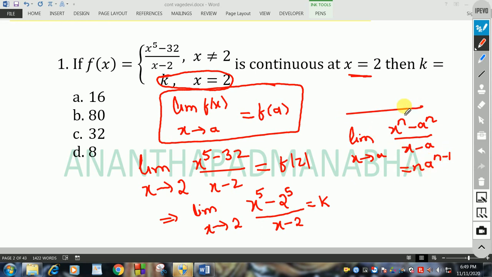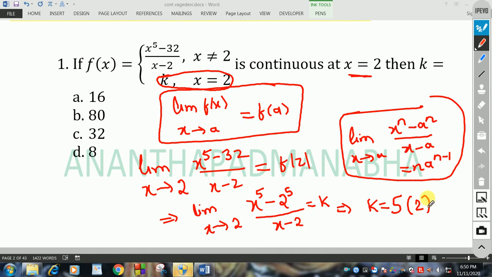So we will apply this formula here, so that I have n is equal to 5 and a is equal to 2 in the given problem. So this implies k is equal to n a to the power of n minus 1. N is 5, a is 2, so 5 into 2 to the power of 5 minus 1, that is k is equal to 2 to the power of 4 is 16, 16 into 5 is 80.